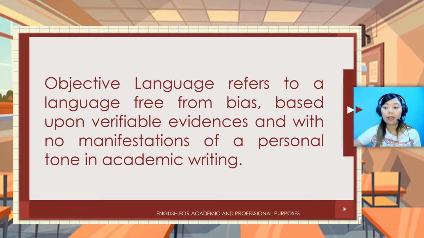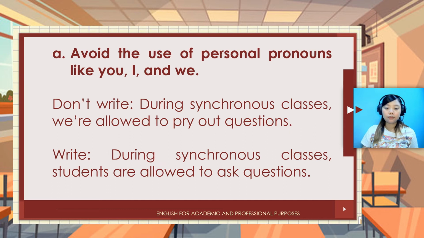Here are the things that we need to avoid. Avoid the use of personal pronouns like you, I, and we. Do not write this kind of sentence: During synchronous classes, we're allowed to pry out questions. The words that are not appropriate in this sample are we're, a contraction of we are. You use we, which doesn't follow the rule of objectivity, and the contraction doesn't follow the formal language rule.